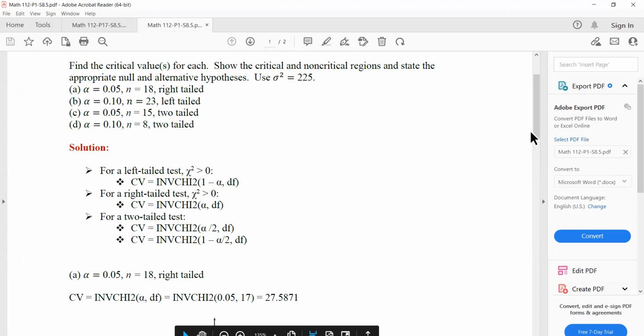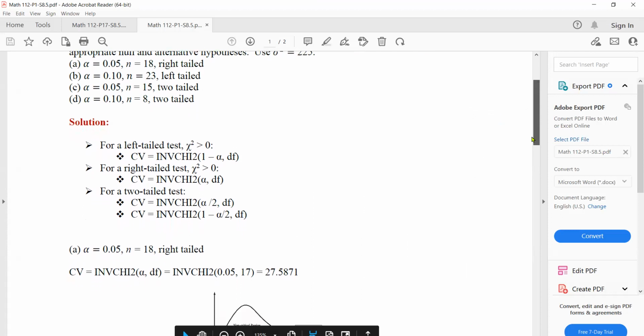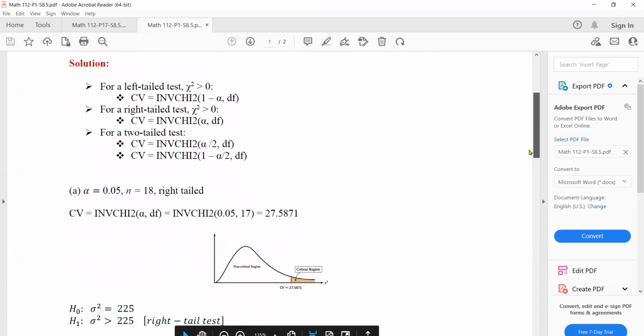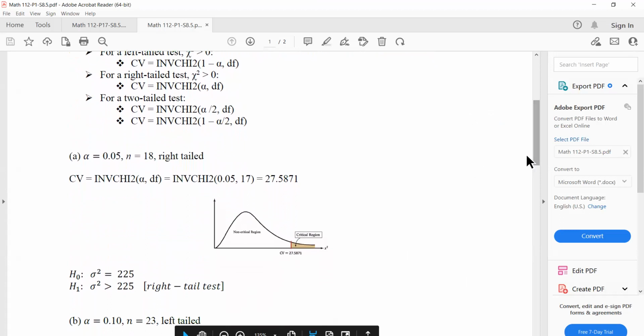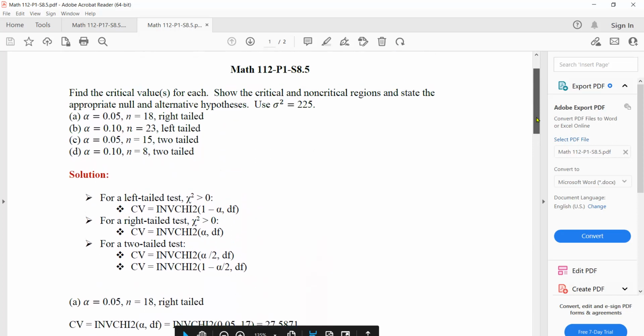Now, the next thing she wants you to practice doing is, here's the drawing. The drawing is really more of an aid for you right now, so you remember where this is. So we have our critical value. She asks you in the instructions for question 1 to draw these.